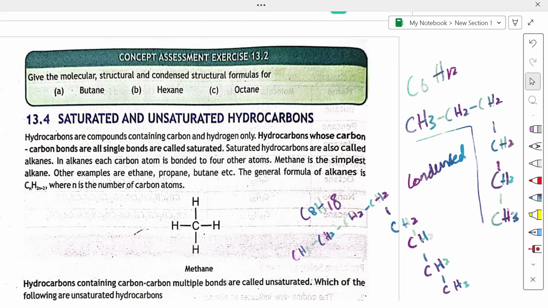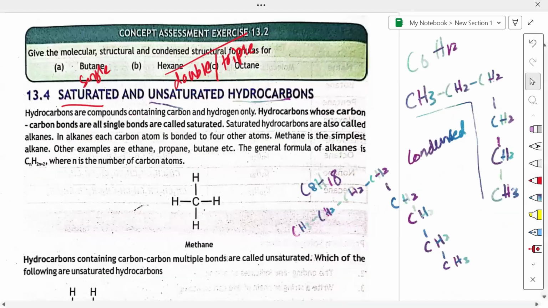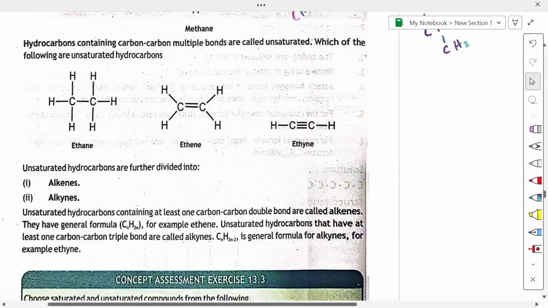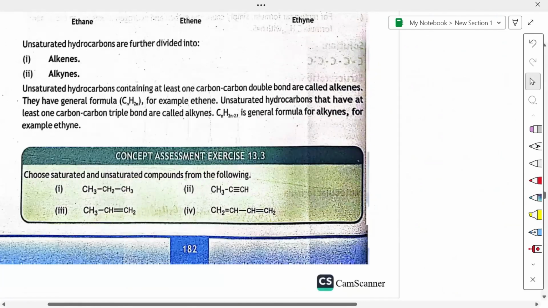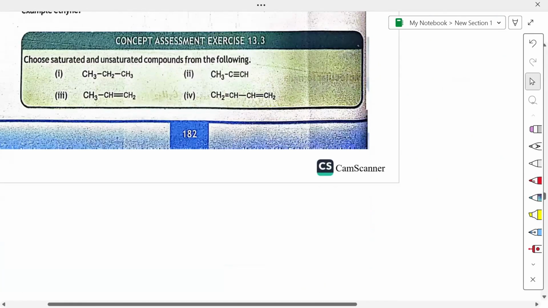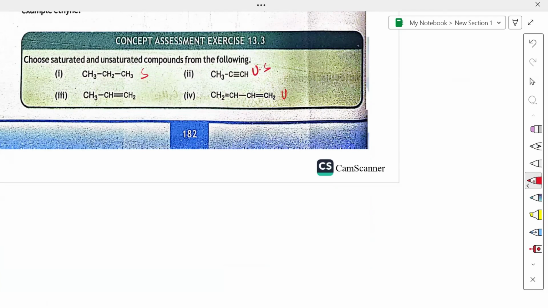Double or triple bonds, they would be known as unsaturated, and only single bonds are saturated. So the alkane family comes under saturated. Alkene and alkyne come under the unsaturated family. Now which one of these are saturated and unsaturated? This clearly is saturated, unsaturated, unsaturated, and unsaturated.